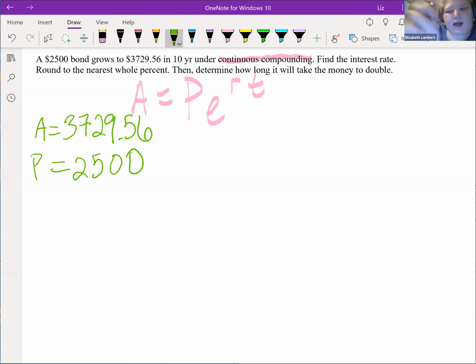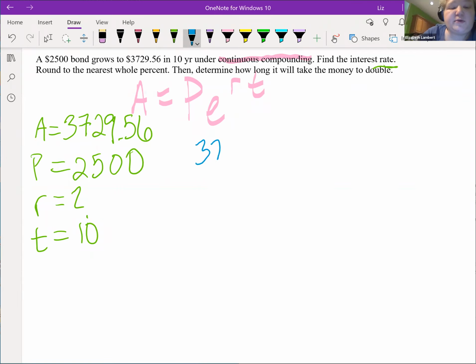And then E is a constant, and then R and T. R is what they asked for, so that's our unknown. And then they told us we get to this amount in 10 years. So when I plug 10 in for T, I'm going to get that number for A. Knowing that, I can back solve and find the R. So we're going to fill these into our equation.